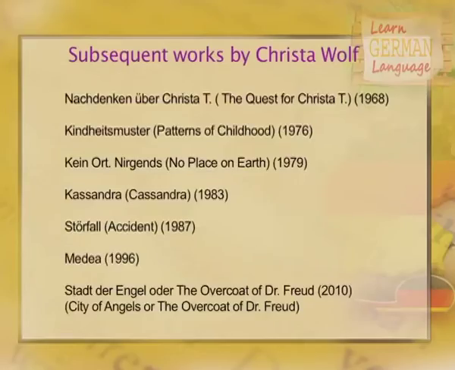Other works by Christa Wolf include Nachdenken über Christa T., in English The Quest for Christa T., Kindheitsmuster, in English Patterns of Childhood, and other works like Cassandra, Kein Ort. Nirgends, Störfall, Medea, and Stadt der Engel oder The Overcoat of Dr. Freud.